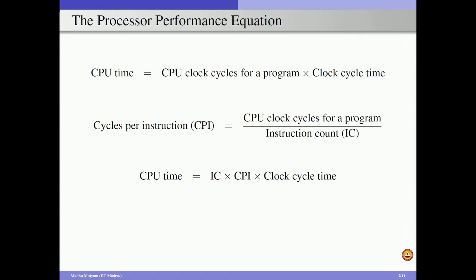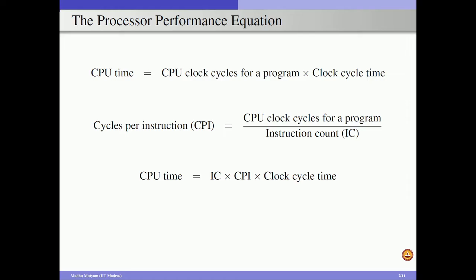So effectively, given a program and also given the characteristics of a processor, we can identify the clock cycle time, we can identify the number of instructions in the program based on our ISA, and we can calculate the CPI when we execute the program on the processor.